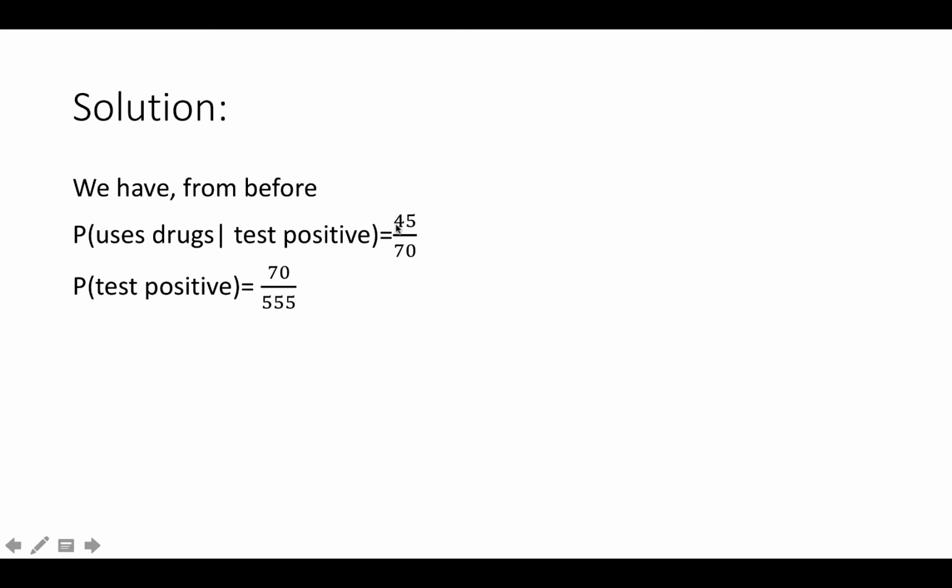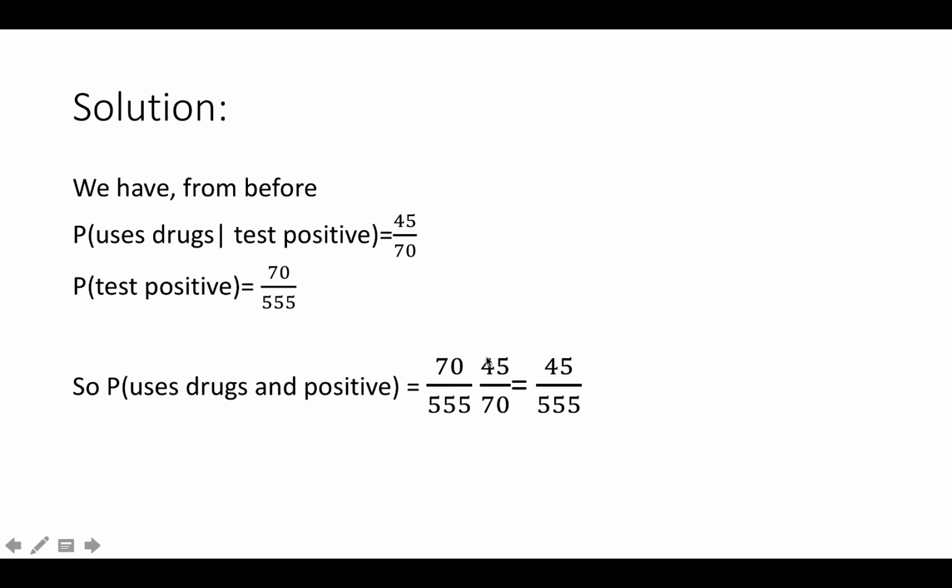So the multiplication rule says we multiply these two probabilities together, and notice the 70 cancels in the numerator and denominator, so we get the same result. This is reassuring, but you might wonder, why do we need the multiplication rule if we can just read it off the chart?